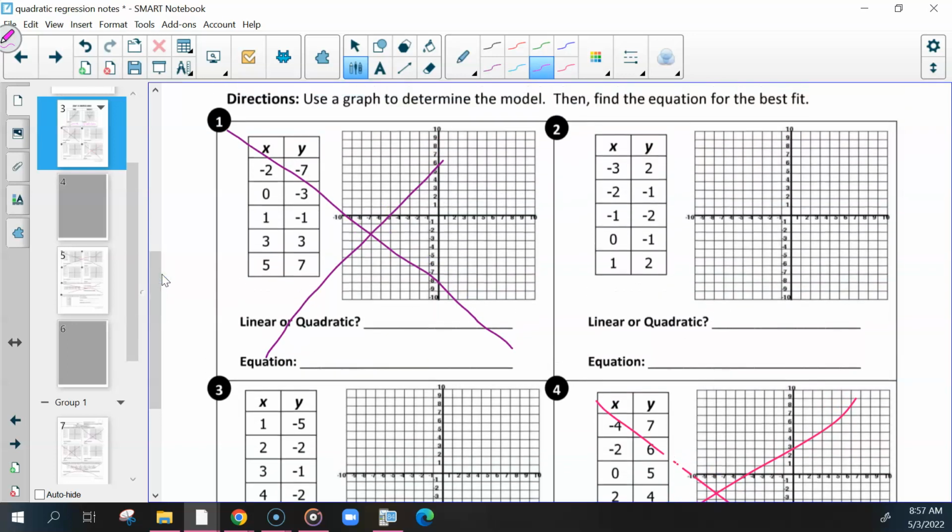So with this, it does ask if it's linear or quadratic. If you got something like this, which I don't think you would, but if you did, you would graph these points and see, does it make a line or a U? So you could do that really fast: -3, 2; -2, -1; -1, -2; 1.